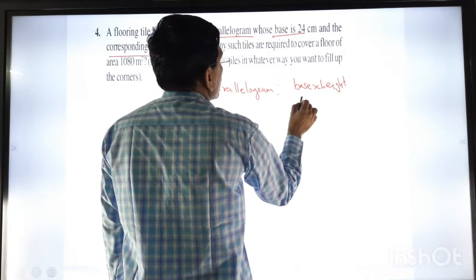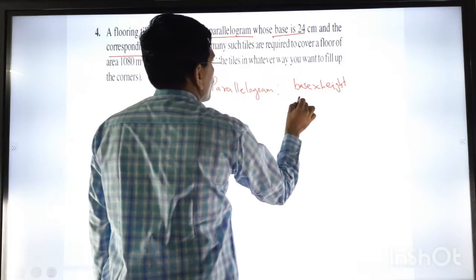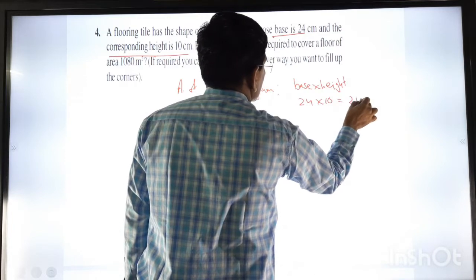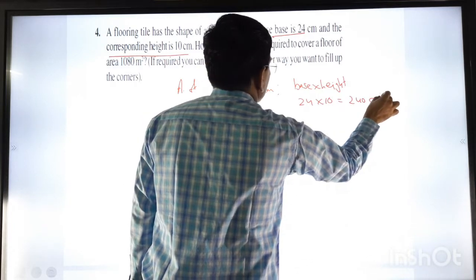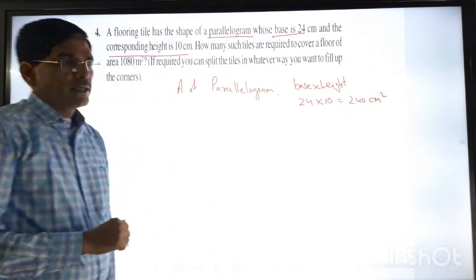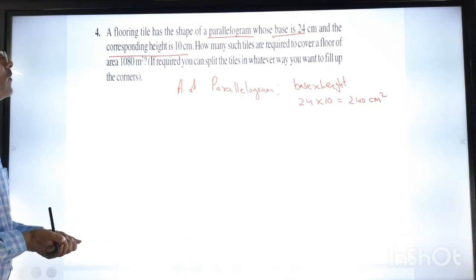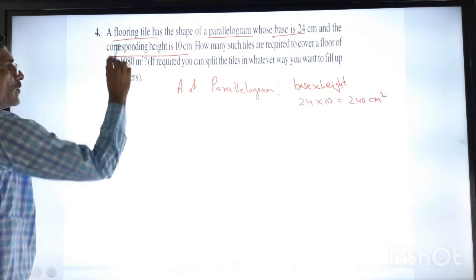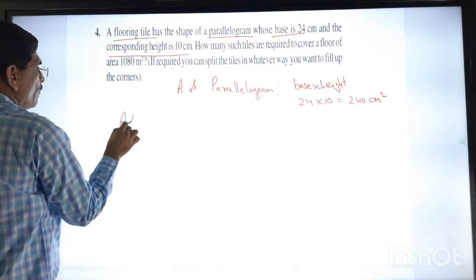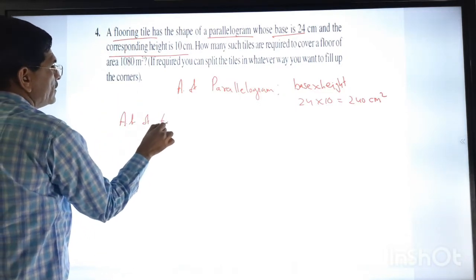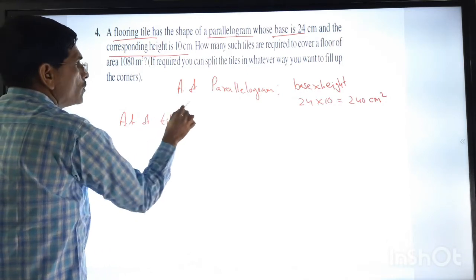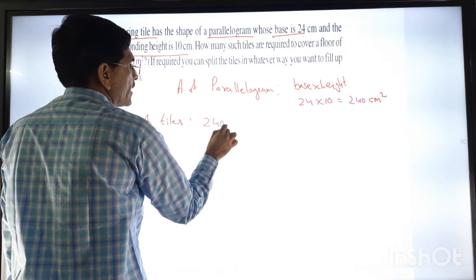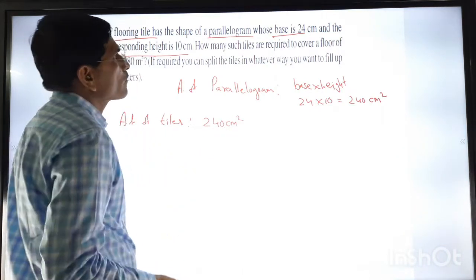The base is 24. 24 into 10 is 240 centimeter square. That is the area of the flooring tile in the shape of a parallelogram. So the area of one tile is 240 centimeter square.